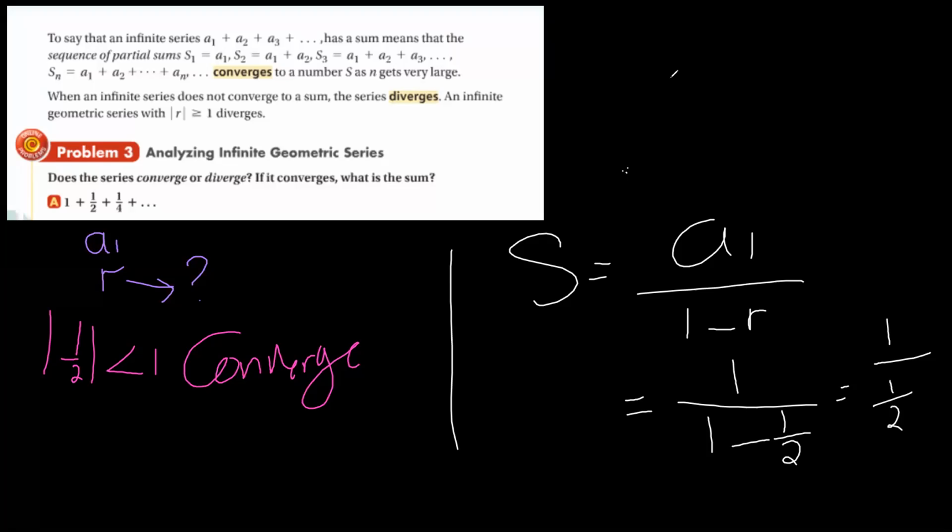Now, as I said, it's 1 divided by half. What does it mean? That means it is 1 multiplied by 2 over 1, which is 2. So the summation for this infinite series is 2. Is it clear? Yes. Okay.